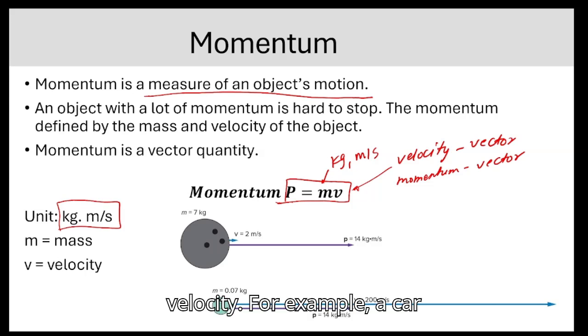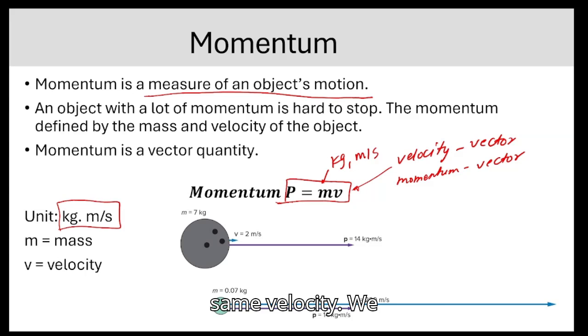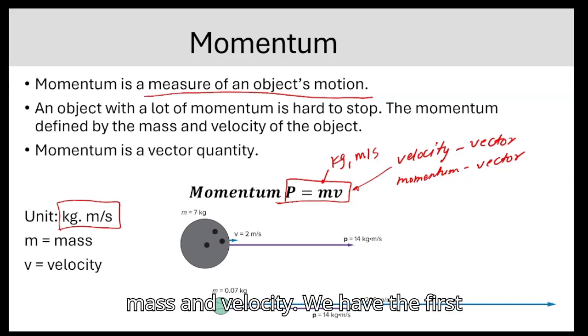For example, a car moving east at 20 meter per second has a different momentum than a car moving west at the same speed.